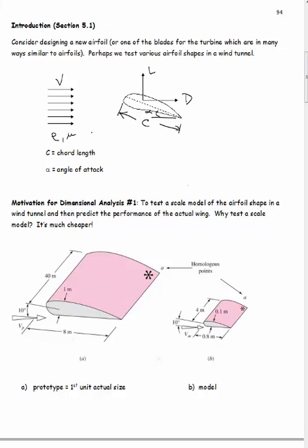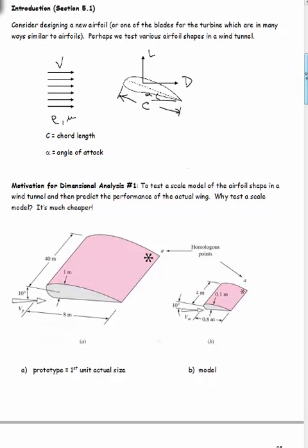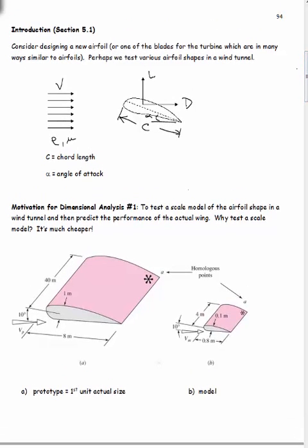Okay, those are all going to affect what kind of lift we get. So our first motivation is, again, it's a big wing, unless we have a gigantic wind tunnel, and even then we don't want to build these gigantic wings. What we want to do is test a scale model. Okay, so what we need to do is create a smaller size one, but it has to look exactly the same. All the angles have to be the same, and everything is just scaled down exactly the same.